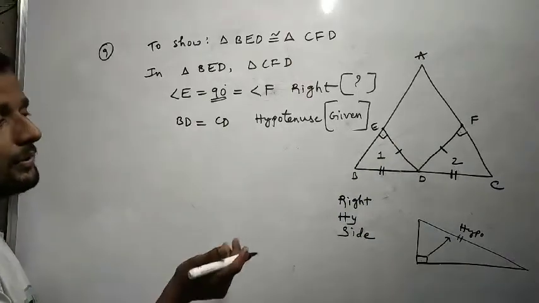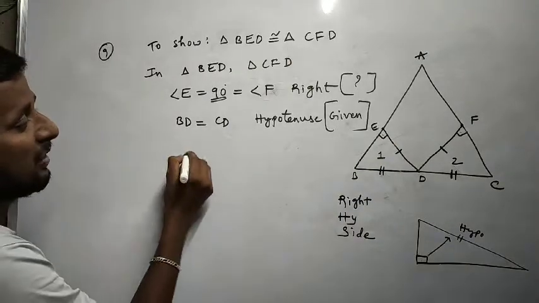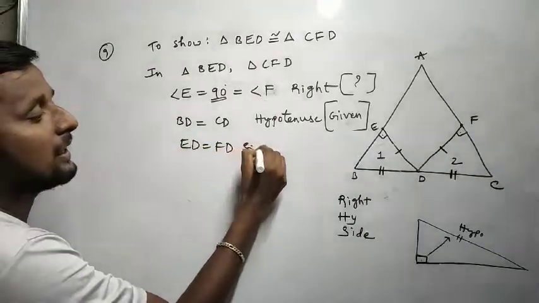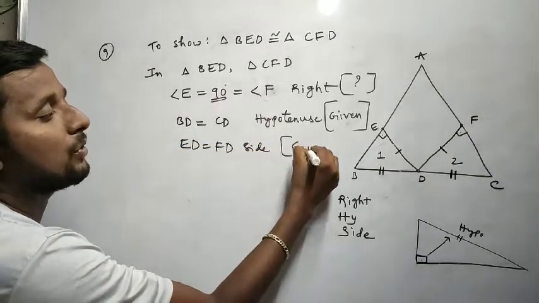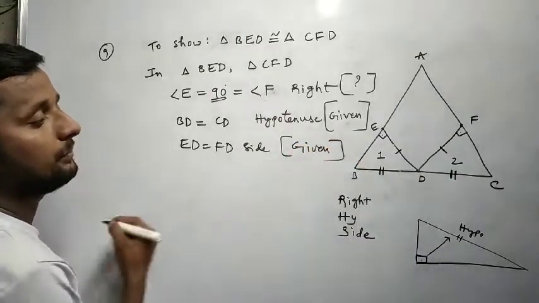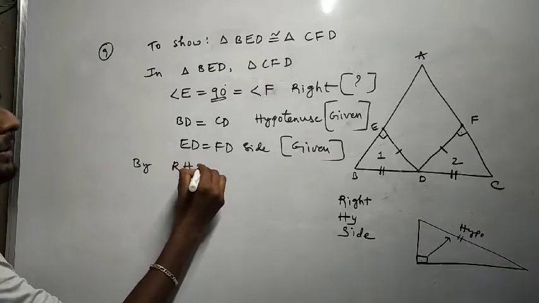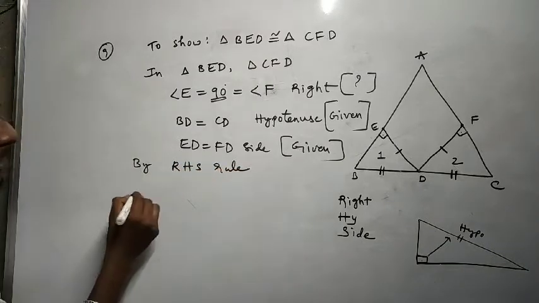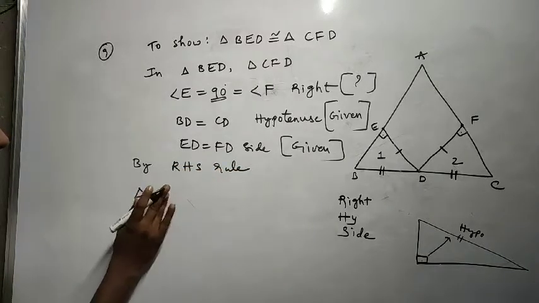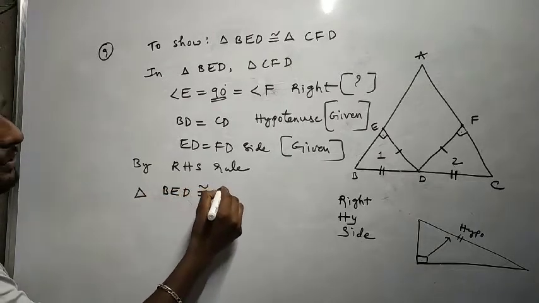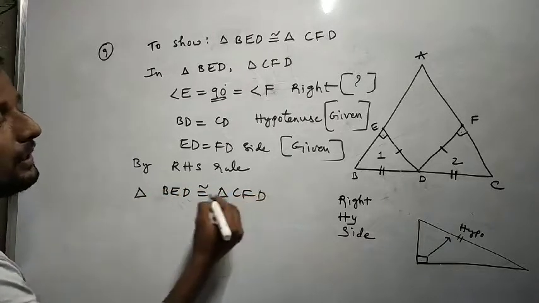Next, ED is equal to FD, that is also a side, and it is also given in the diagram. So I'll write by RHS rule, triangle BED is congruent to triangle CFD.